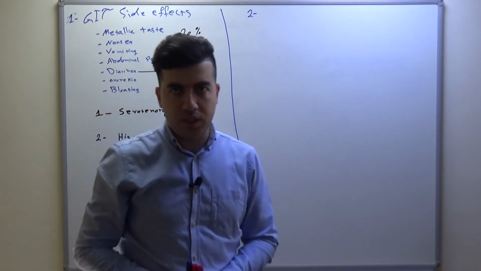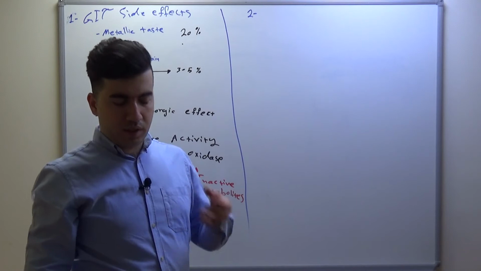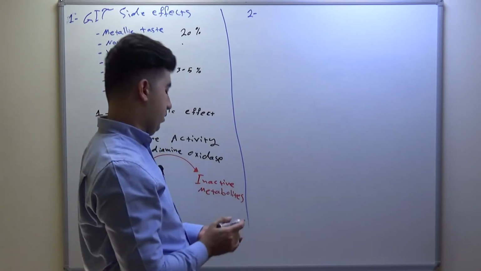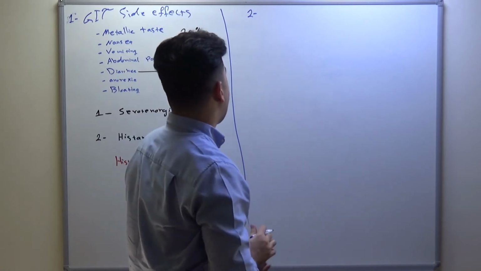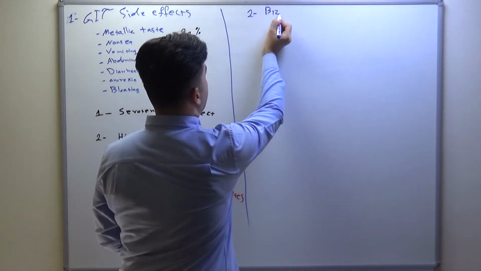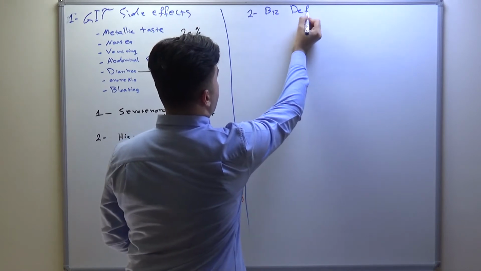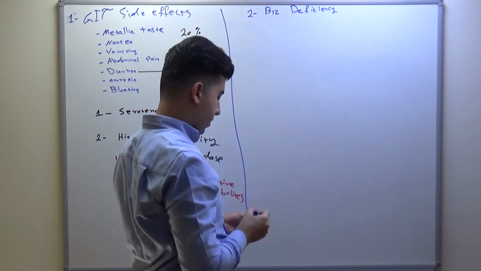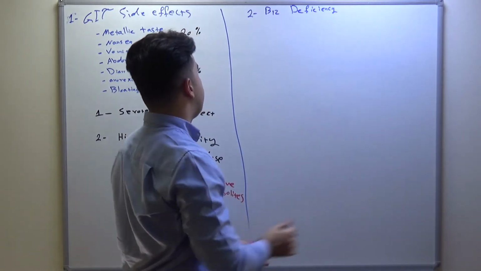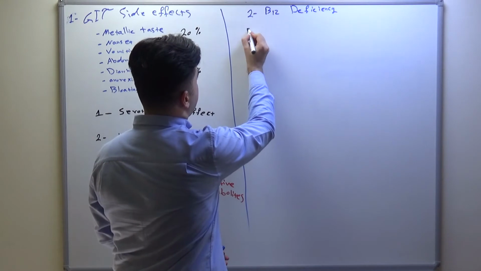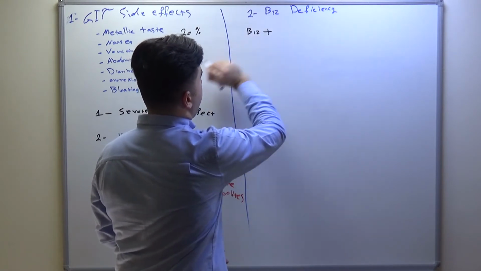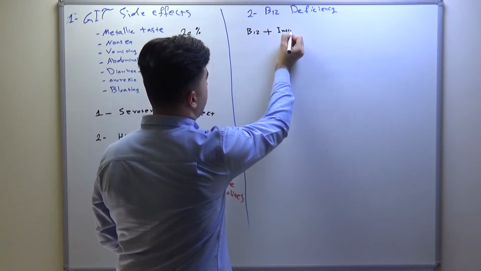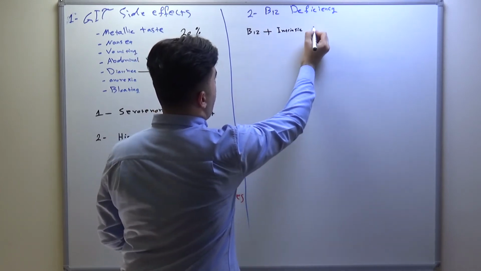Vitamin B12 is present in foods. After ingestion, it is released from the food and binds with a protein. B12 deficiency can be seen in patients on metformin. B12 in the stomach will bind with another protein called intrinsic factor.